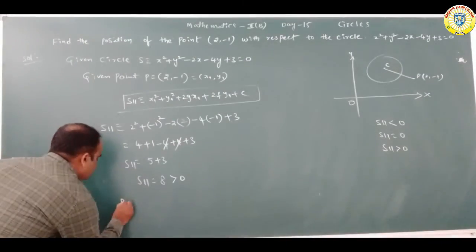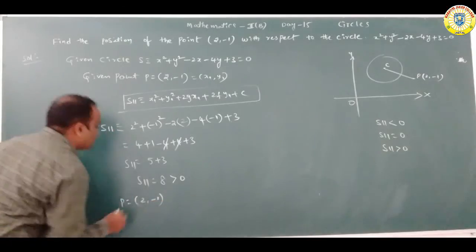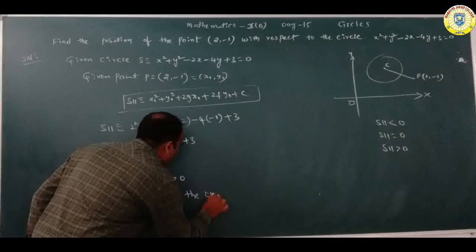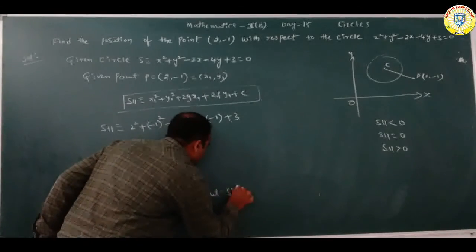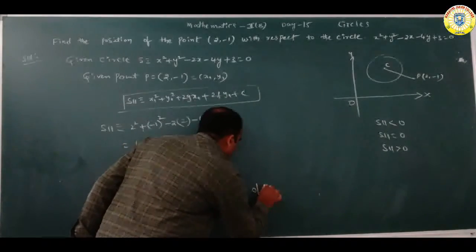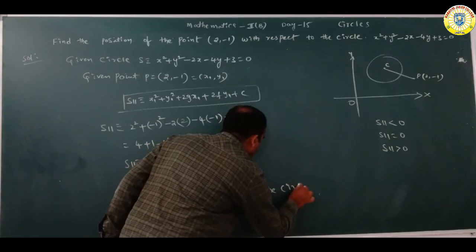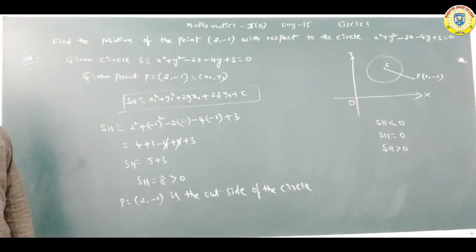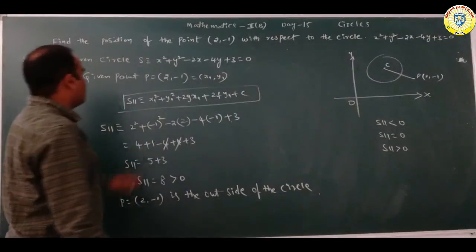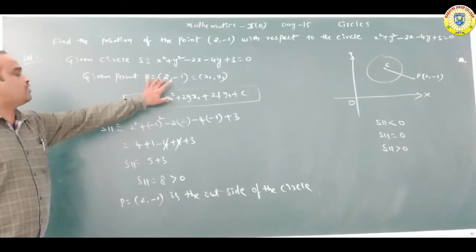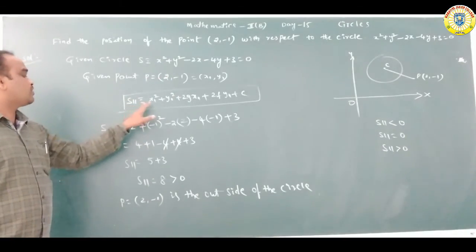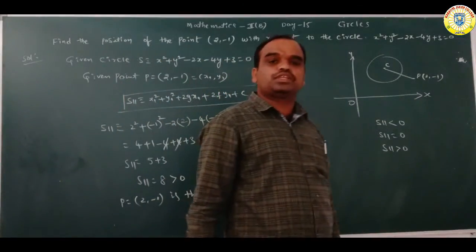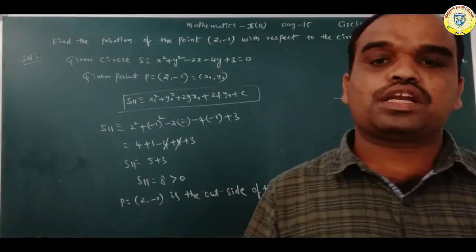Therefore, P equal to (2, -1) is outside of the circle. Always remember this S11, where x1, y1 is given in our question: x1 square plus y1 square plus 2gx1 plus 2fy1 plus c. Okay, the next class will continue tomorrow.